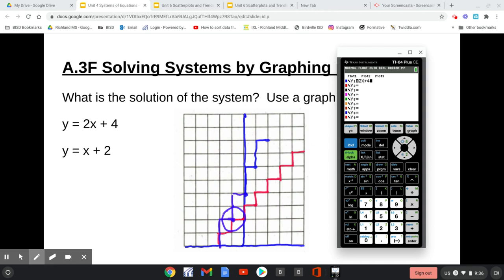I'm going to hit enter. I'm going to put in x plus 2. I'm going to hit second, trace, 5, enter, enter, enter.